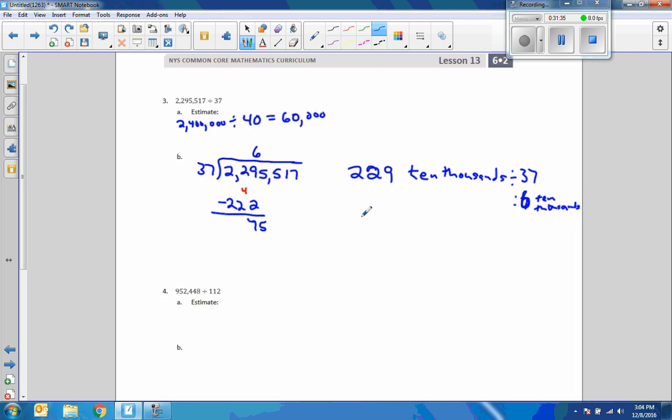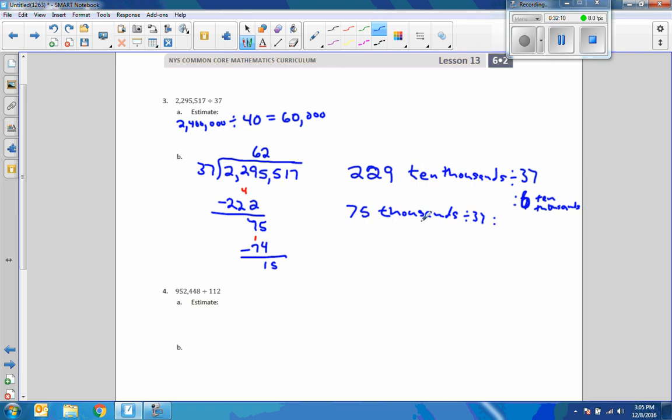So now we have 75, 1 less than 10,000 thousands, divided by 37. 37 will go into 75 2 times. 2 times 7, 14. I'll make the 1 10s. 2 times 3 is 6, plus that 1 is 7. Subtract, and I get 1. Bring down the 5.